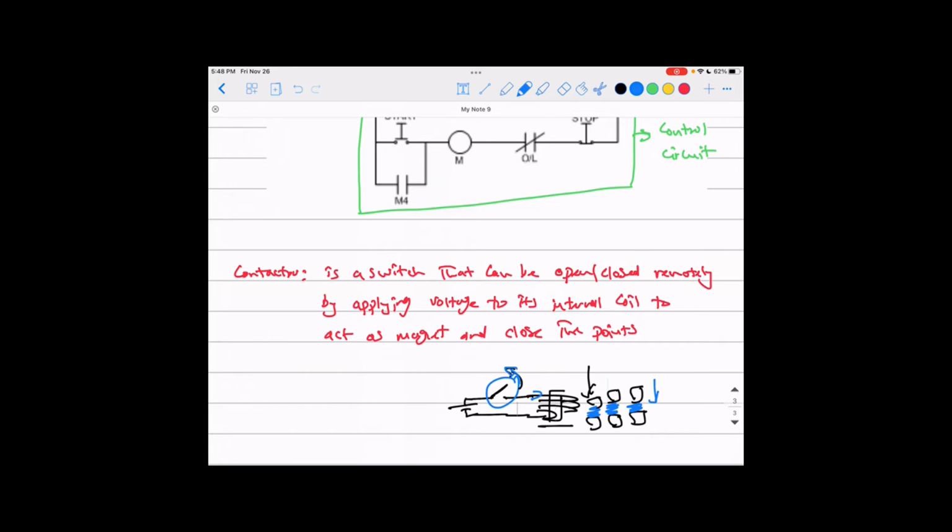Once you open this switch, you don't have any attraction force, and those 3 points are connected to springs hanging up here. Once there is no attraction force to keep them down, this spring will pop them up, so you have them disconnected from the lower 3 points, okay guys? That is what we call a contactor.